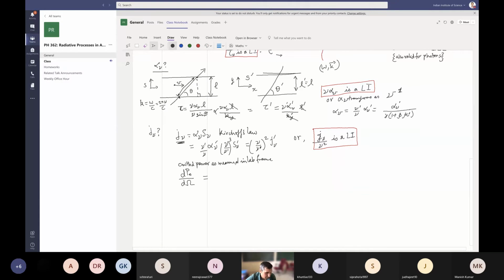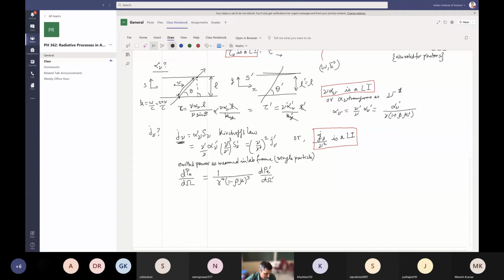The emitted power by a single particle. We did a single particle, dipole formula. What is this given by? I'm just writing the formula from the last class: gamma to the 4, 1 minus beta mu cube, dPe prime by d omega prime.